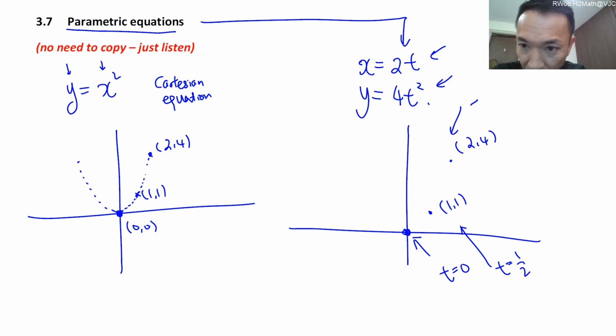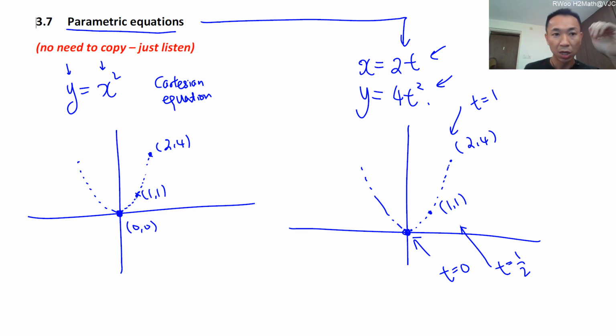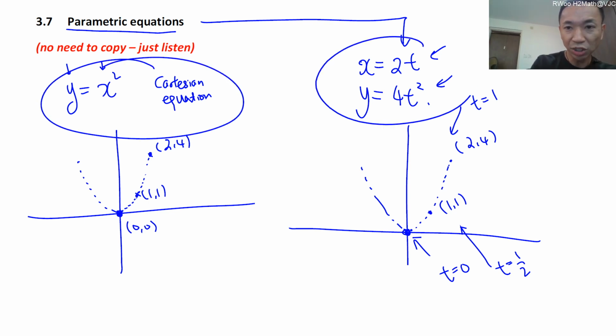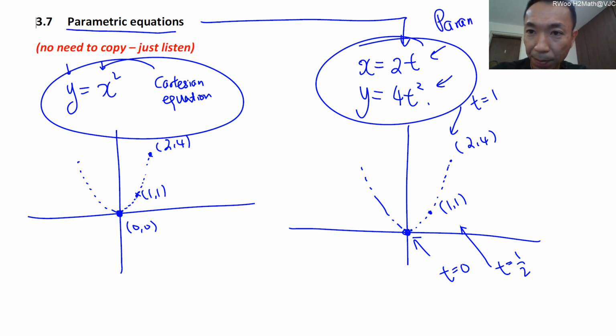This is when I substitute t equals 1. Of course, if I substitute the in-between values, I will still get this curve. Now, what is the main difference between this one and this one? Actually, they describe the same curve, it's just that this is defined in parametric form.